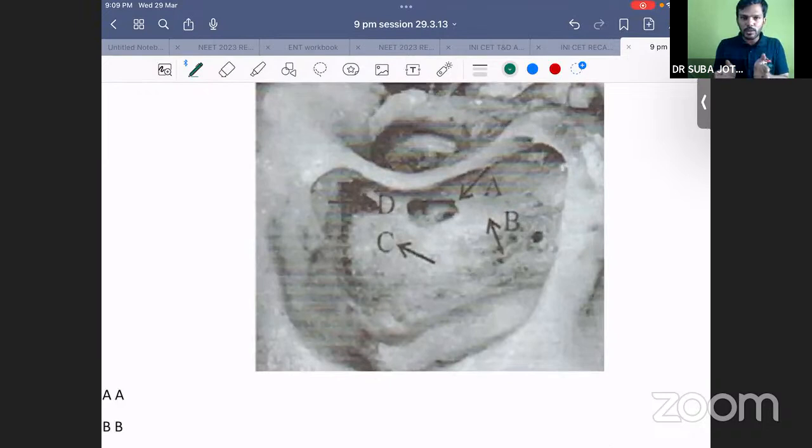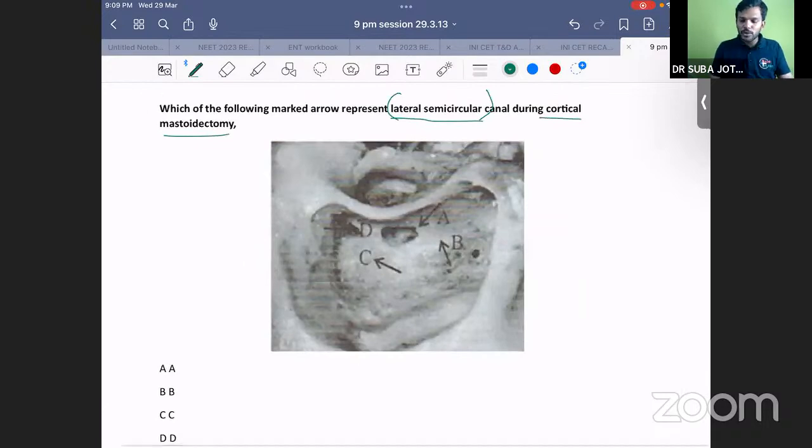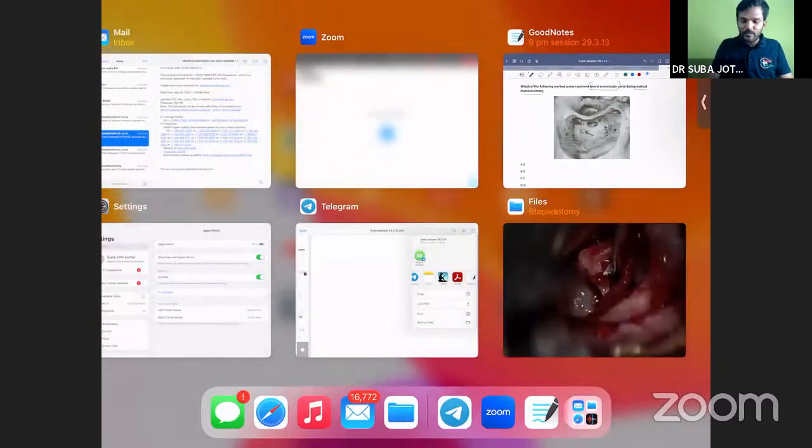So this is an actual question that has been asked in the AIIMS paper. First of all, cortical mastoidectomy and modified radical mastoidectomy, you should be very, very clear in your mind. First, I'll demonstrate the cortical mastoidectomy video. Then I'll come back to the nuances.